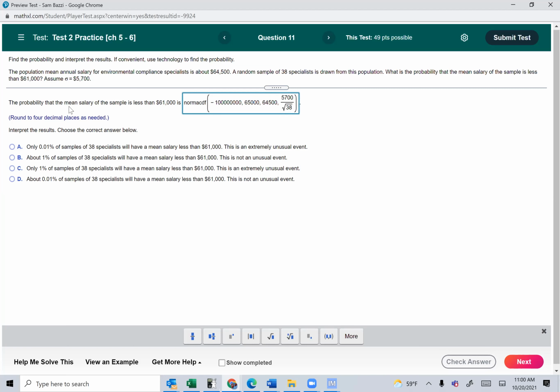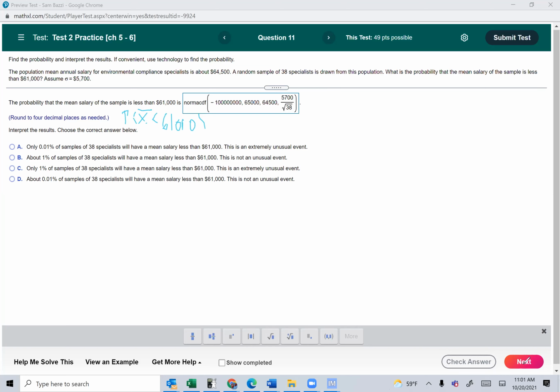So this is the probability of X bar less than 61,000. So that's what you need to be aware of in this chapter here. And you just find the answer.